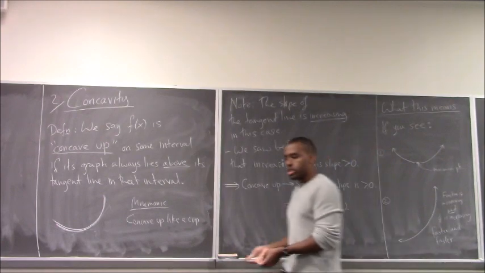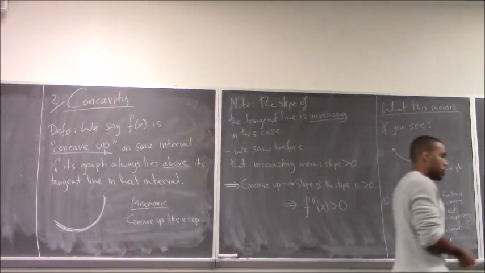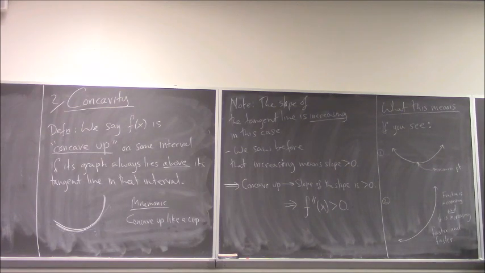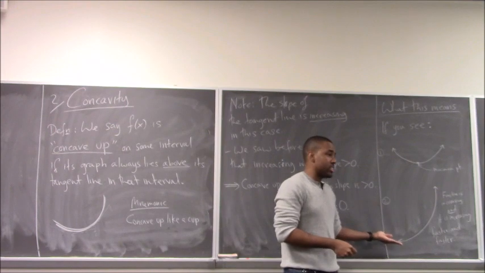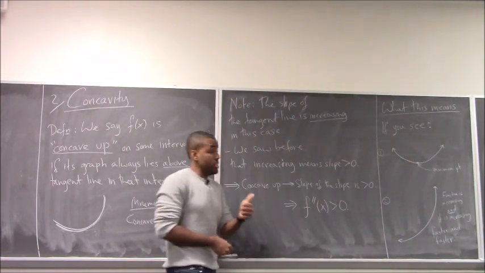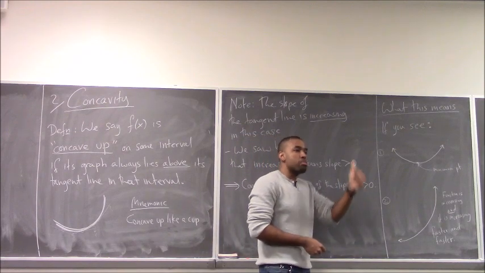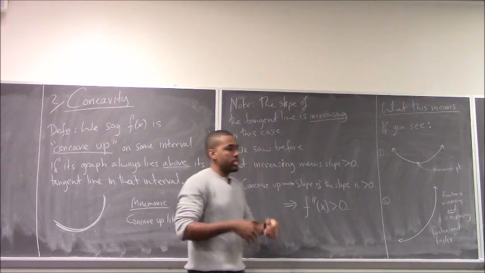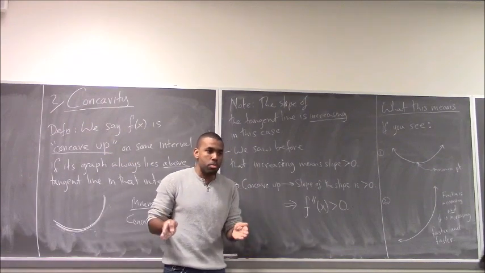So whenever you're using a function to measure something, it looks like this. Let's say you're running a store, you're measuring the number of sales per week, and you end up plotting that number of sales per week and end up with a graph like this. What that is telling you is that business is extremely good because sales are increasing and they're increasing more and more every week. So let's say this week I sold 10 products, the following week I sold 20, that was an increase of 10 products.